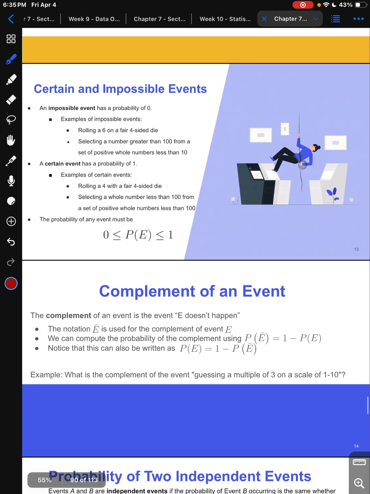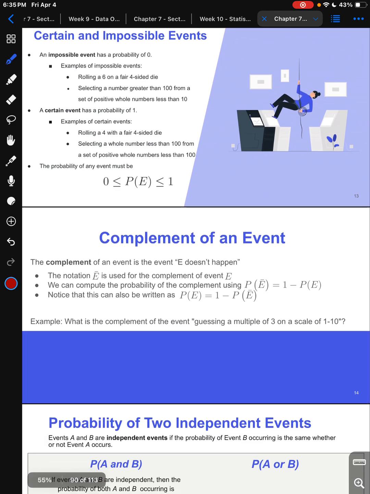So let's talk about the complement of events. The complement of an event is that the event E doesn't happen. I mentioned a little bit ago successes and failures. You can think of the complement this way: if the success is what you're looking for, the complement of a success is a failure.